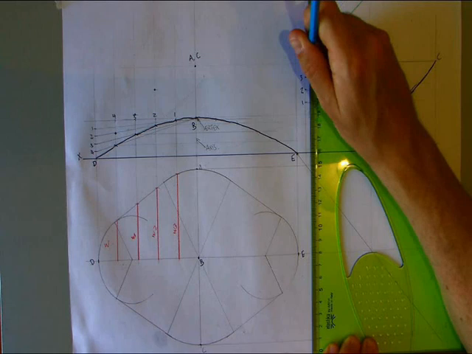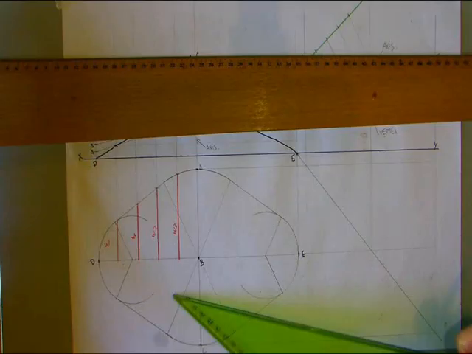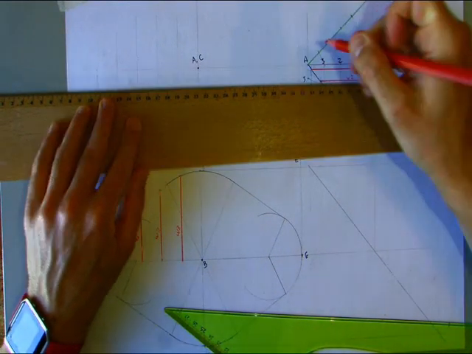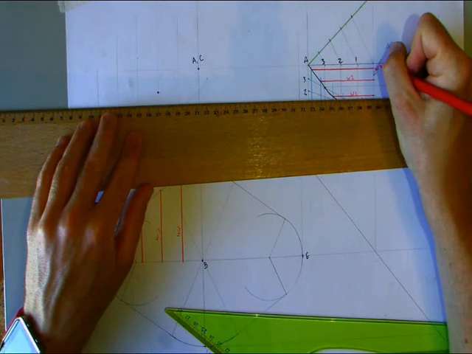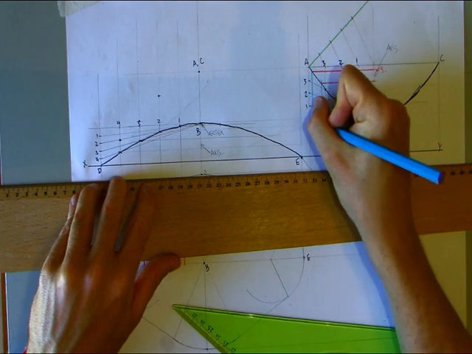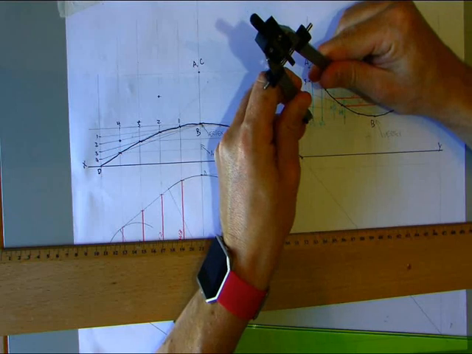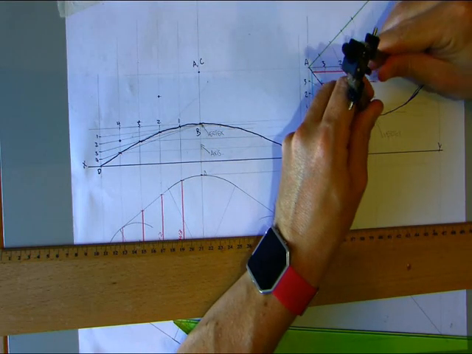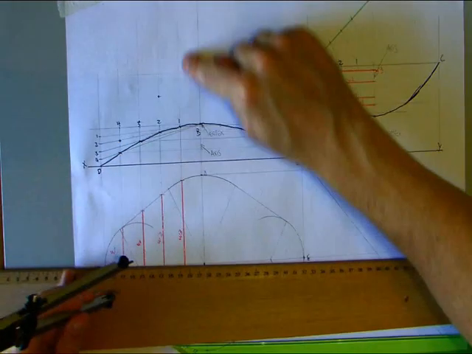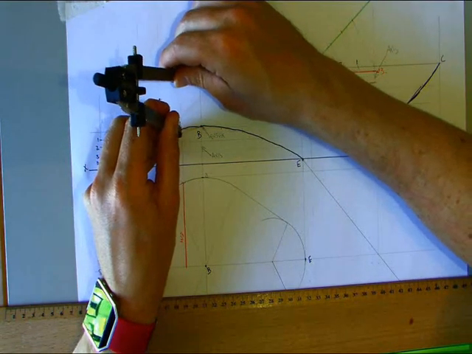Take that height. That is W3, giving us H3. And with H3, once I take that measurement, I can take it from anywhere. But H3 is then going to be applied onto the parabola there, giving us that point.